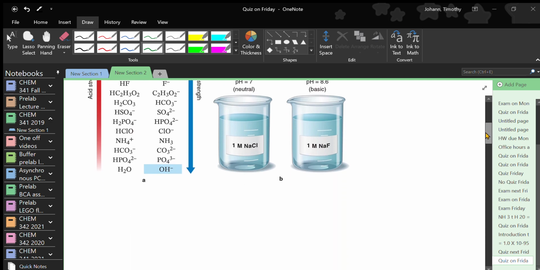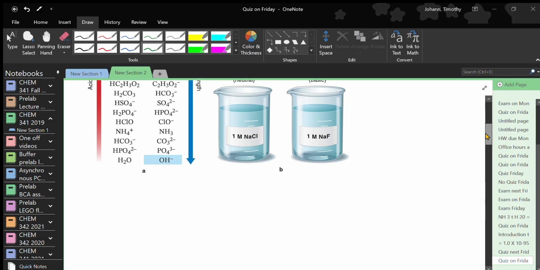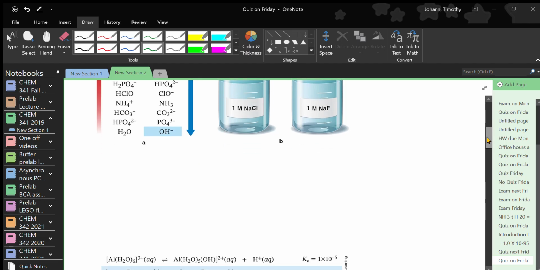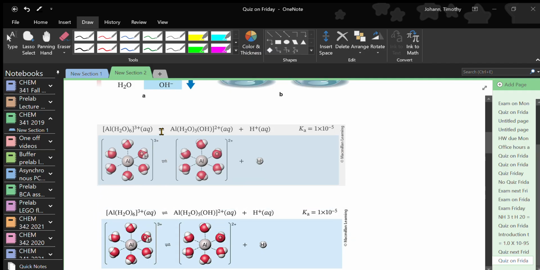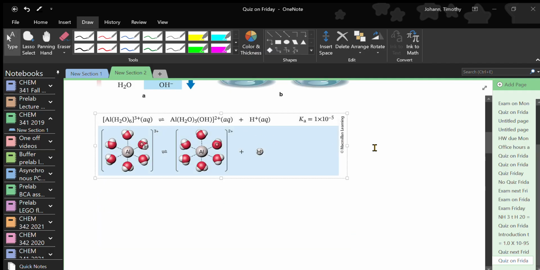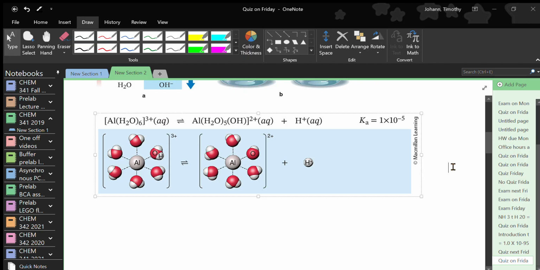Okay, and then I want to show you, let's see, I think we'll look at metal ions. So there's some things we can think about that might make acids that you might not have thought about to begin with. So here's an example from your book. This is when you take aluminum 3+, right?